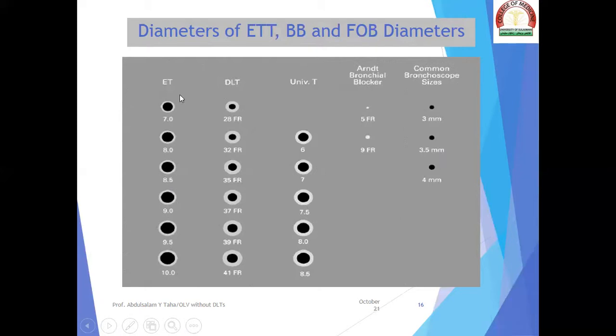The conventional tube has a diameter of 7 French to start with and ends in 10 as the maximum, in millimeters. The double lumen tube starts with 28 French and ends in 41 French. And the Univent tube starts with a 6 and ends in 8.5, while the Arndt bronchial blocker has two sizes, 5 French and 9 French.